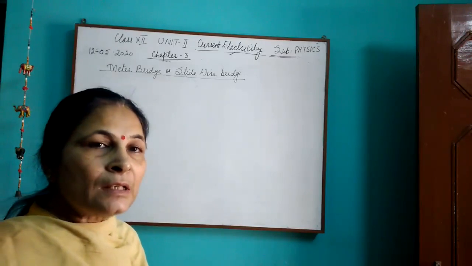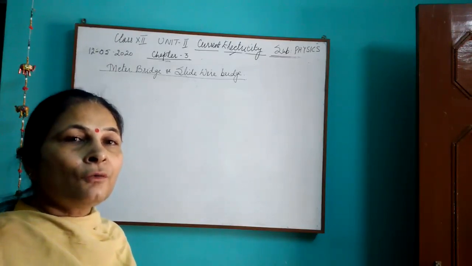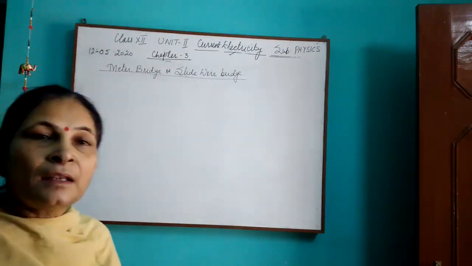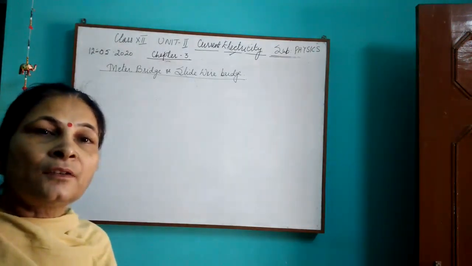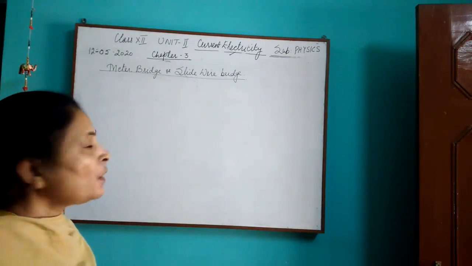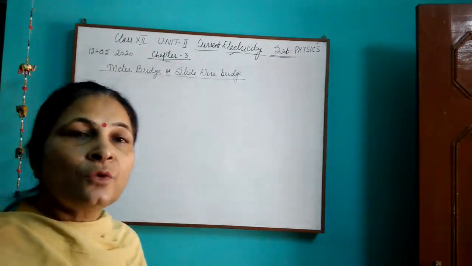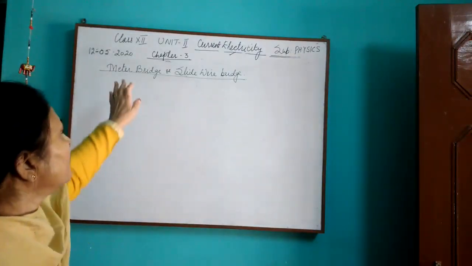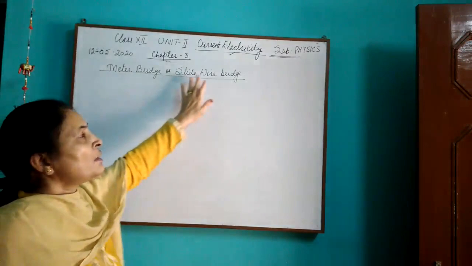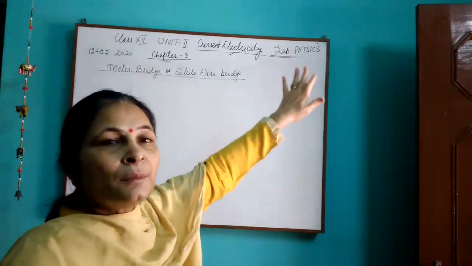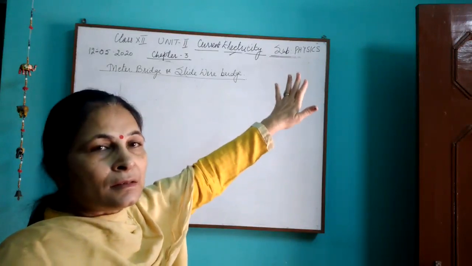A Wheatstone bridge is an arrangement of four resistances in such a manner that in balanced condition, the ratio arms are equal. That concept of balanced Wheatstone bridge can be used in a device known as meter bridge or slide wire bridge to determine an unknown resistance.